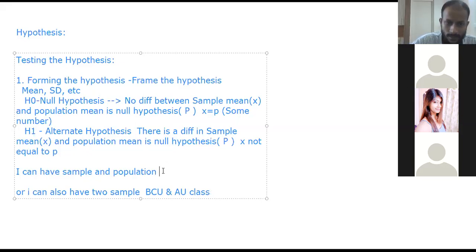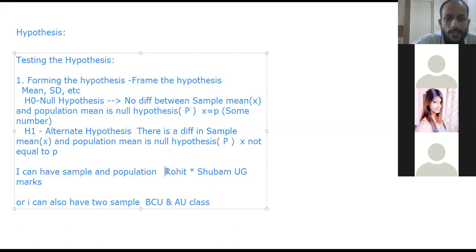Sample and population means, for example, the average UG marks of Rohit and Shubham.